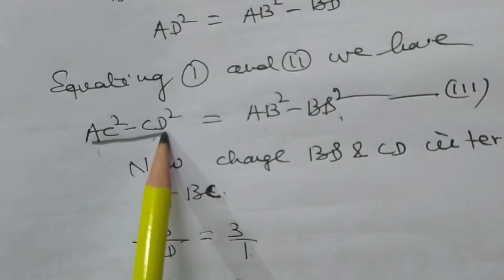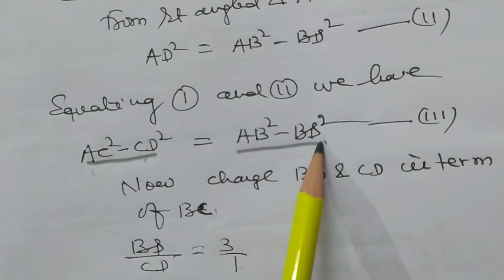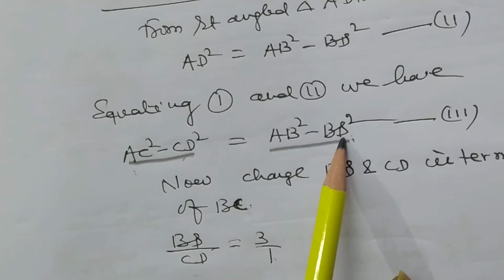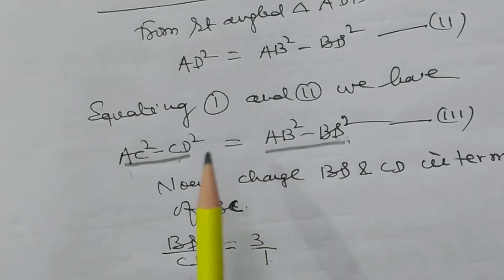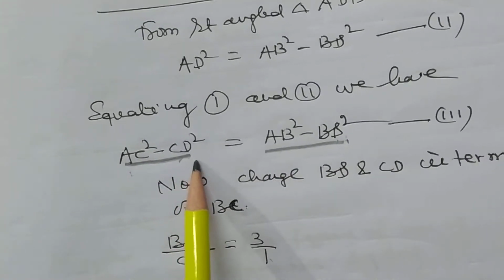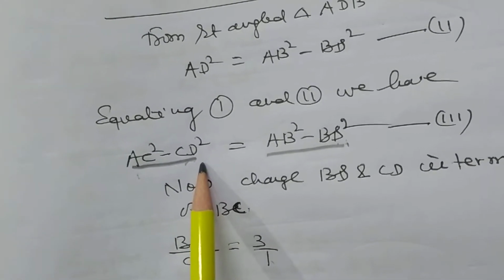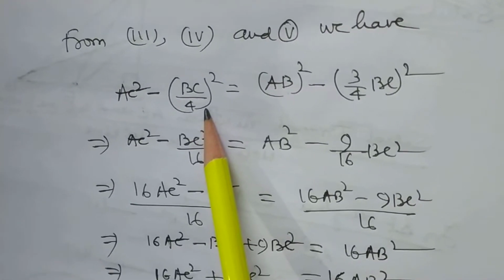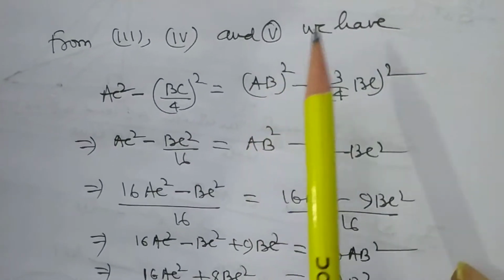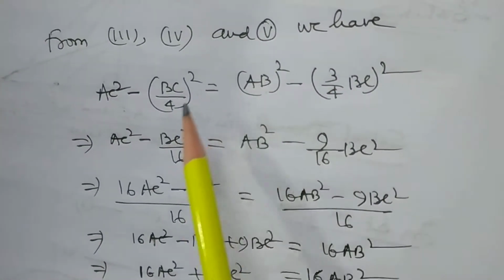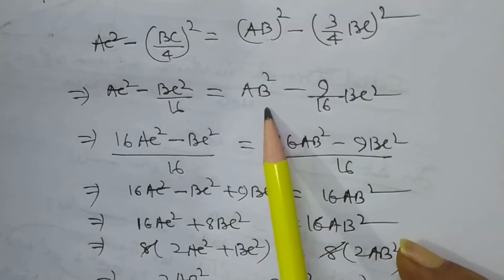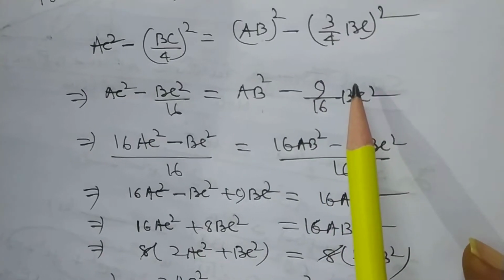AC square minus CD square is equal to AB square minus BD square. This is important. Now put the value of BD in terms of BC, and put the value of CD in terms of BC. So now, putting this value, AC square minus BC square by 16 is equal to AB square minus 9 by 16 BC square.